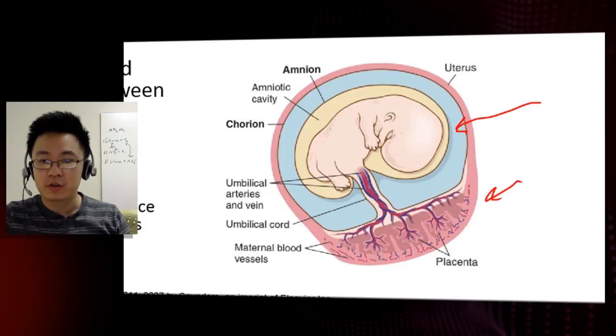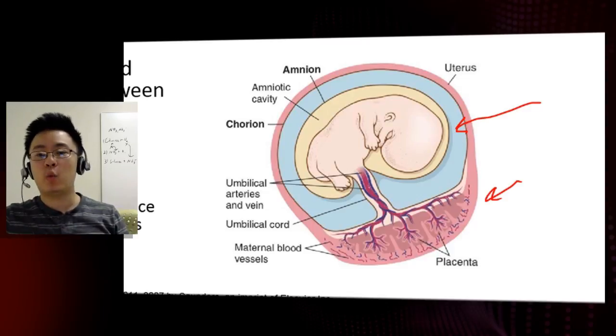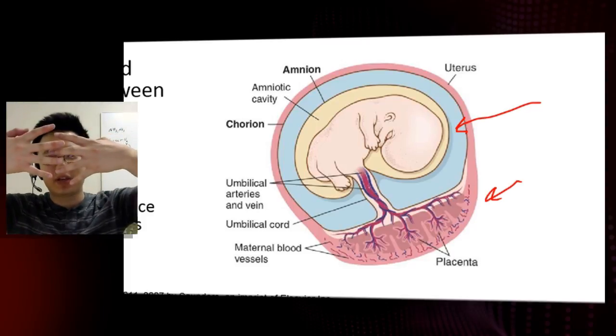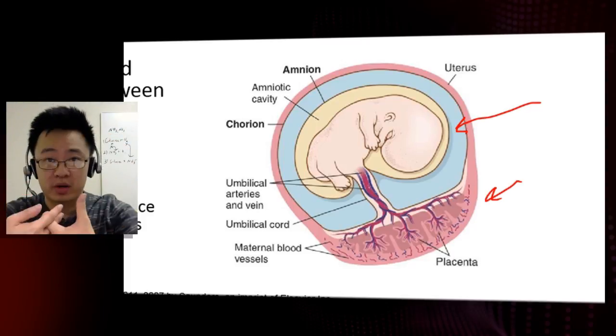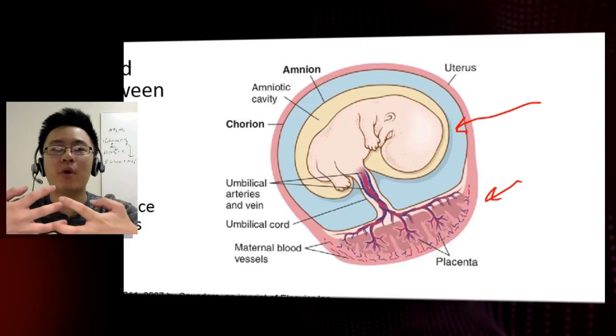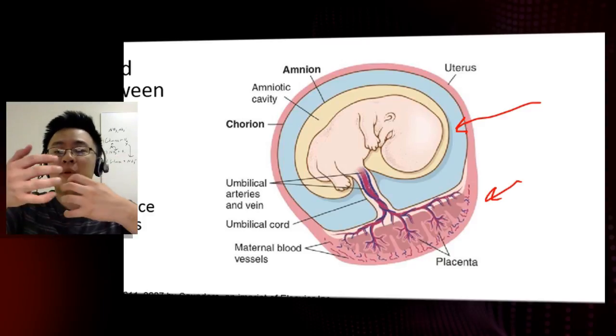So in the placenta, we have the umbilical arteries and the vein, and these attach into the placenta where the mother's blood vessels and the baby's blood vessels are near each other, but they don't cross. Okay, I hope that's clear. They are not connected, they hover over each other.